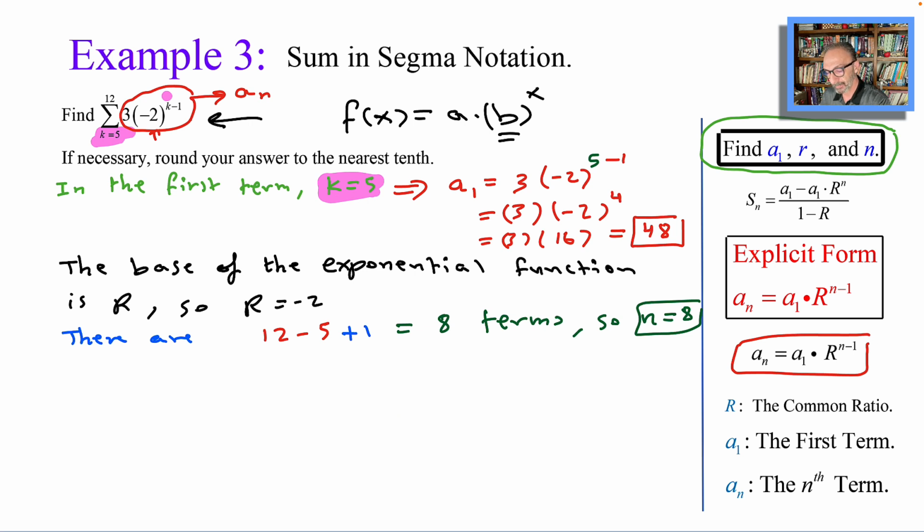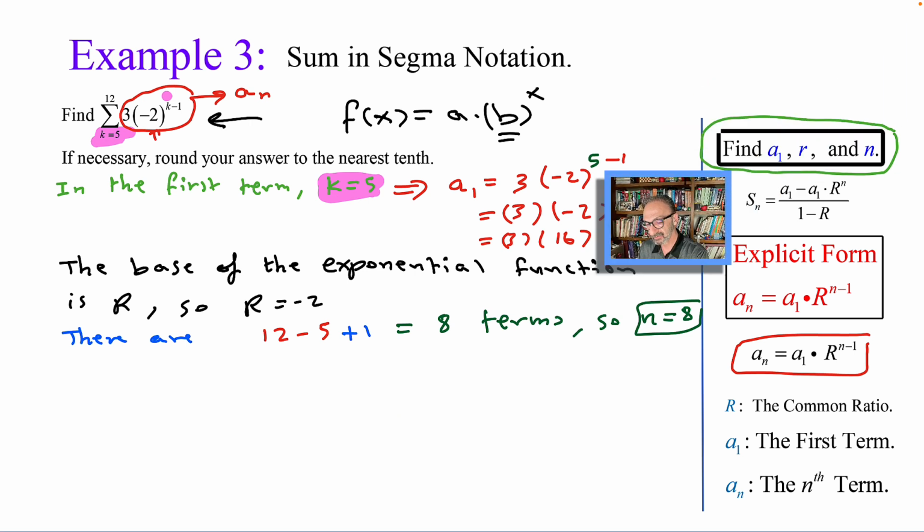For example, if I'm going from 3 to 5, so if I start from 3 here and I go up to 5 here, using 3 and using 4 and using 5, you could tell that they are 3 terms. Using 3, that will give me a term. Using 4, that will give me the second term. Using 5, that will give me the third term, if I go from 3 to 5.